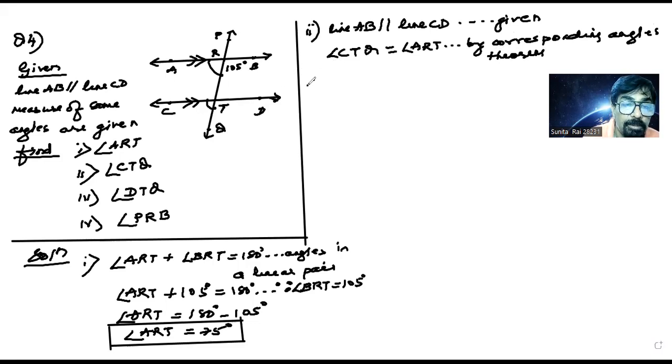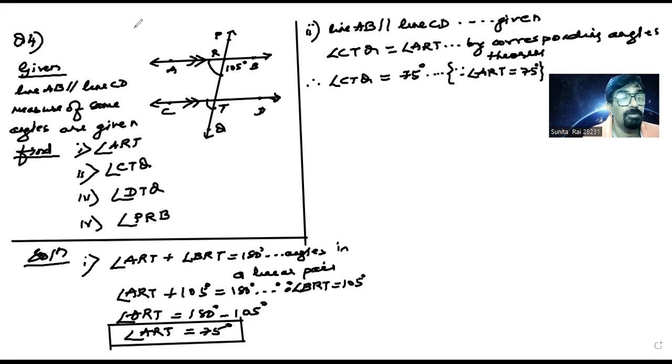Therefore, angle CTQ is equal to, how much is ART, children? ART is 75 degrees we got. So angle CTQ equals 75 degrees. So what I've done, in place of ART, I put 75 since ART equals 75 degrees. I better write it like a reason here. Okay, no harm.